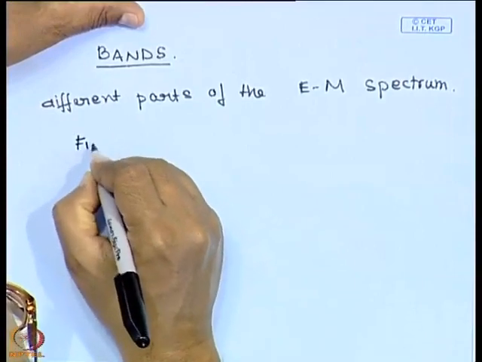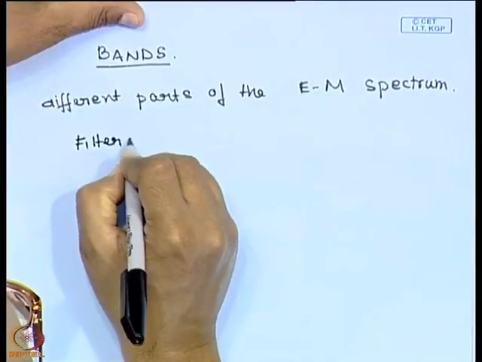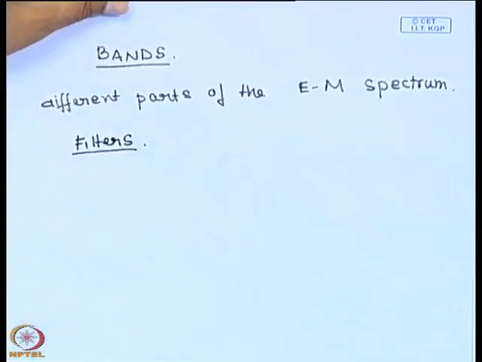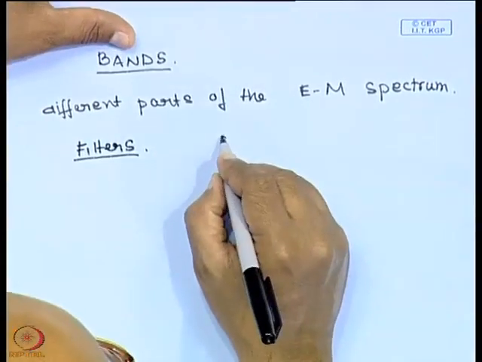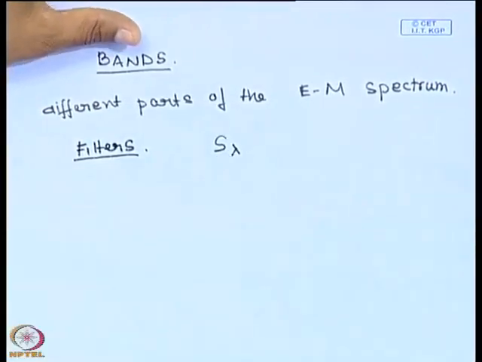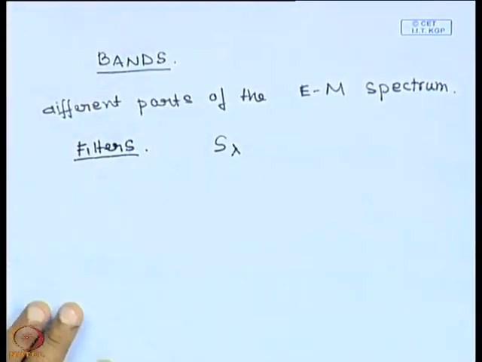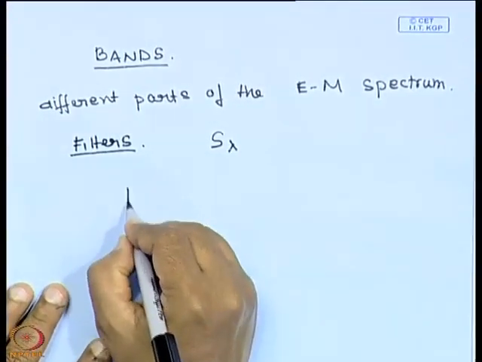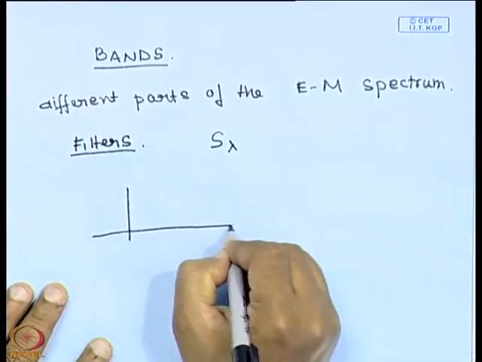So, you have filters corresponding to each band. The response of the filter is there in this sensitivity S lambda which we had introduced earlier.